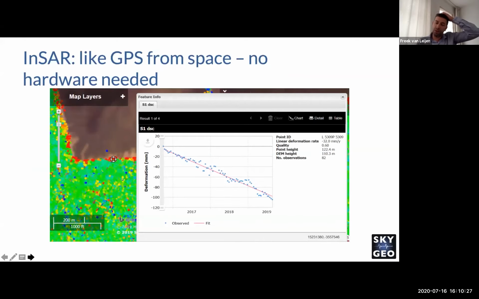Now, what can InSAR do? InSAR, in short, provides you a time series of surface motion, or deformation as we call it, at certain locations on the Earth. You can see in the background picture that we can do this for many locations without installing any devices on the surface.